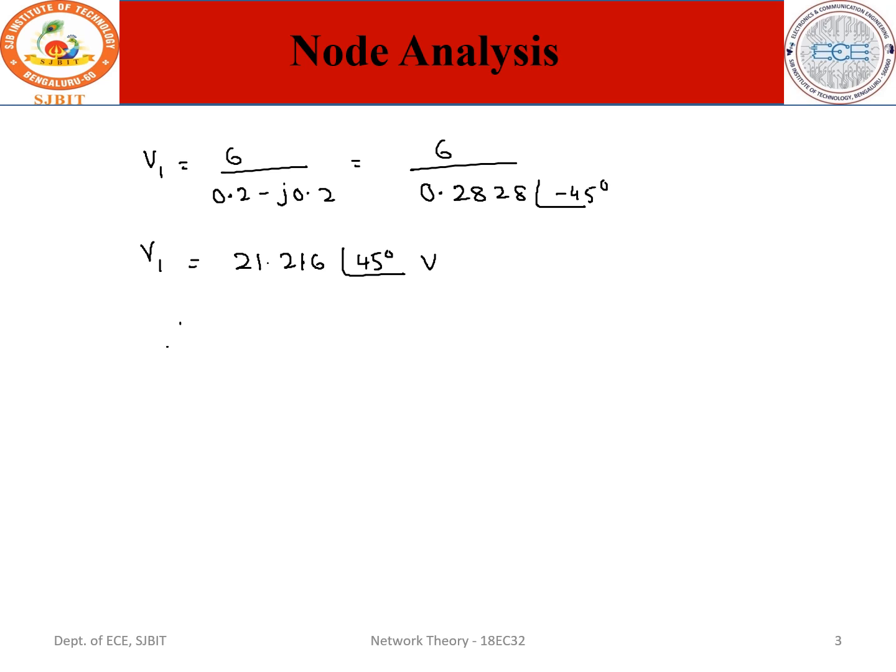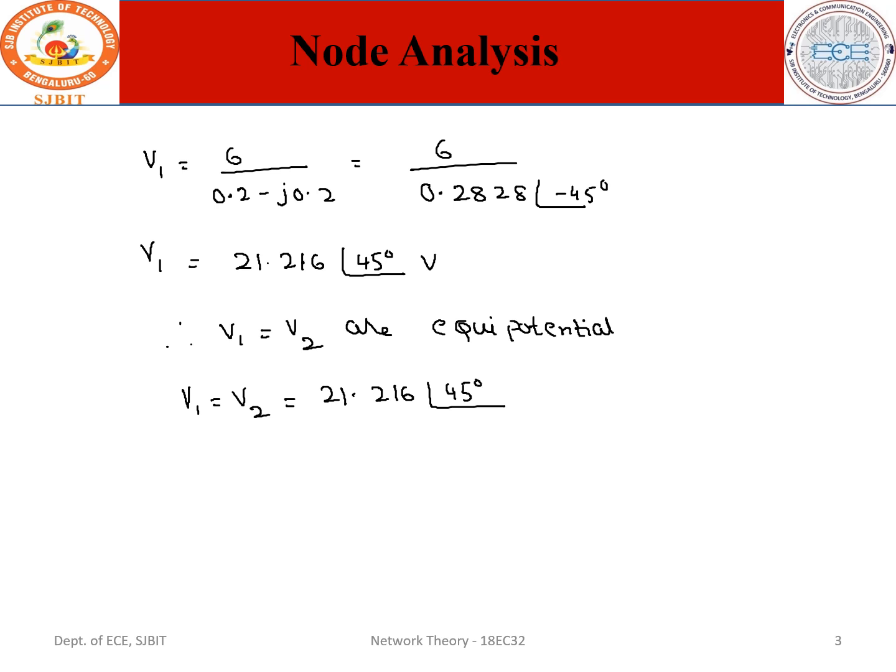Therefore, V1 and V2 are equipotential. Therefore, V1 is equal to V2 is equal to 21.216 at an angle of 45 degree volt.